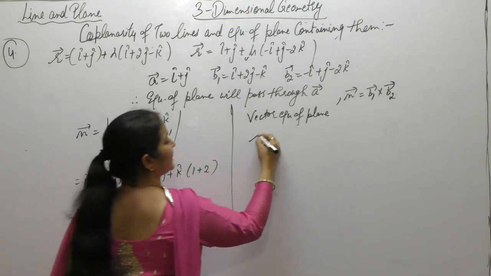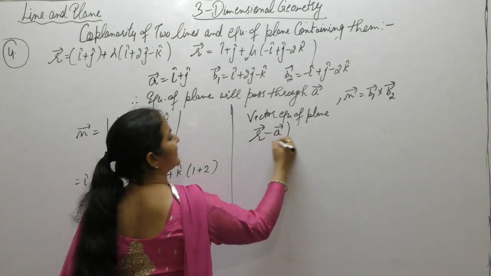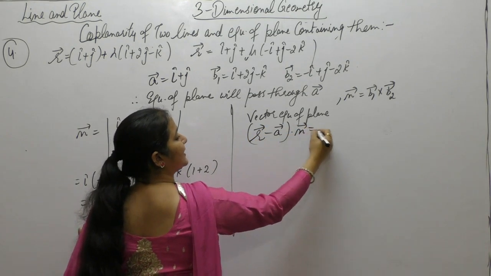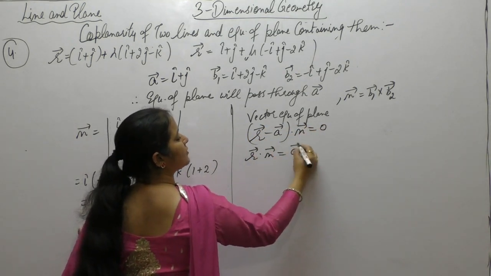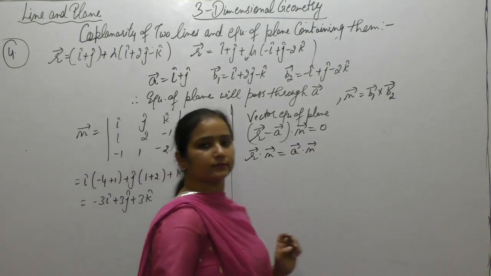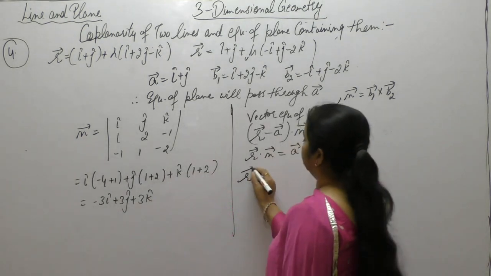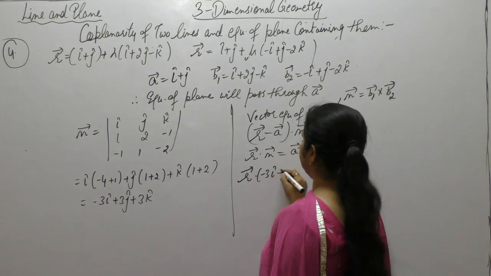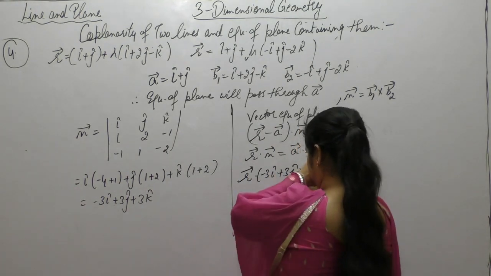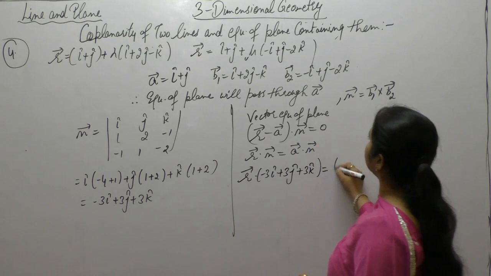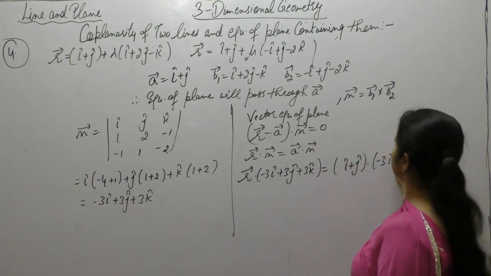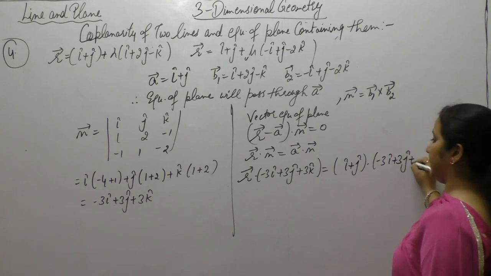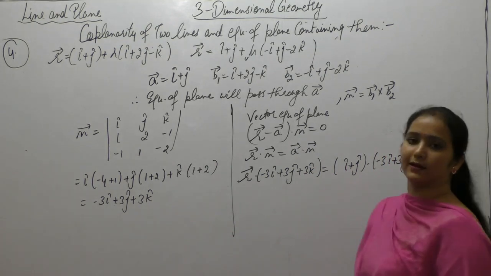We had the formula for vector equation: (r vector minus a) dot n equals 0. So we can write it as r dot n is equal to a dot n. R vector dot (minus 3i plus 3j plus 3k). A vector is i plus j dot (minus 3i plus 3j plus 3k).